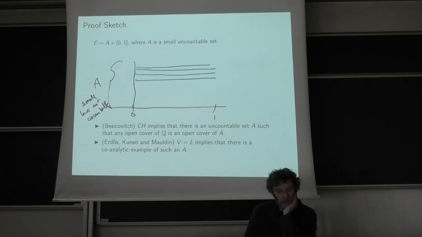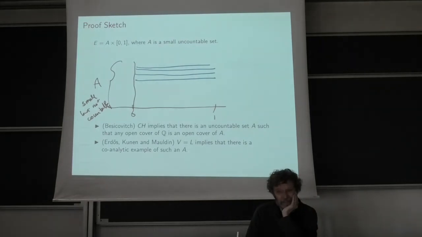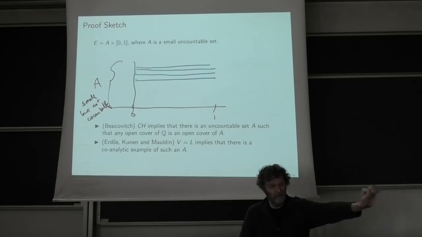Besicovitch's A was an uncountable set such that any open cover of the rationals is an open cover of A. That's an unusual kind of set. It's uncountable, but you could take a sequence of open balls covering the rationals so that the nth ball has radius given by any function of n into the positive reals.